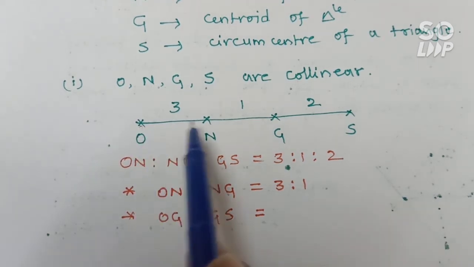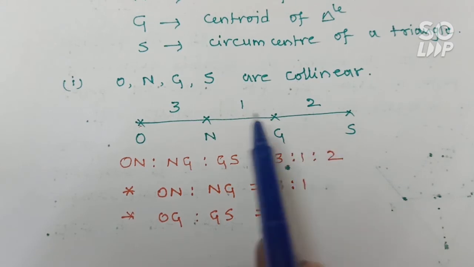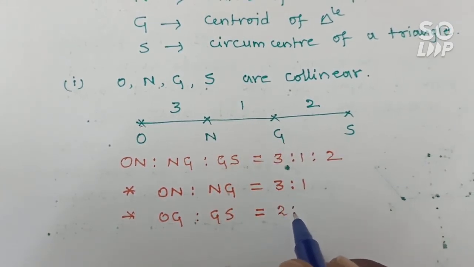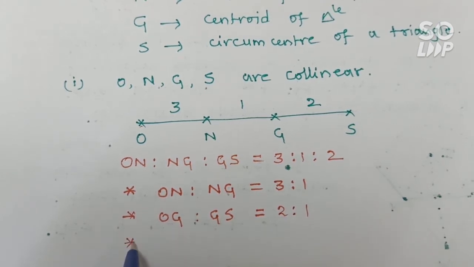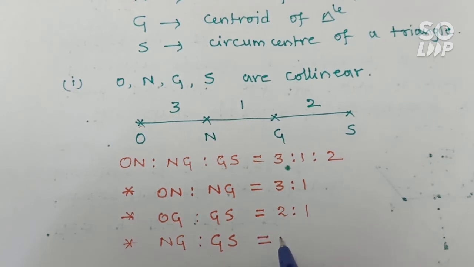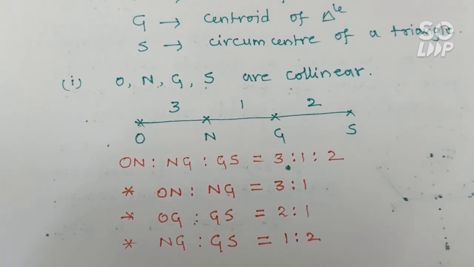Here OG is 4 units and GS is 2 units. 4:2 means 2:1. Next, NG is to GS is equal to 1:2.